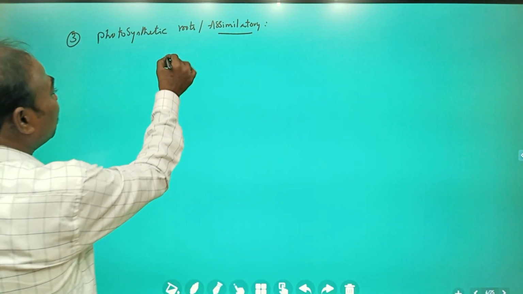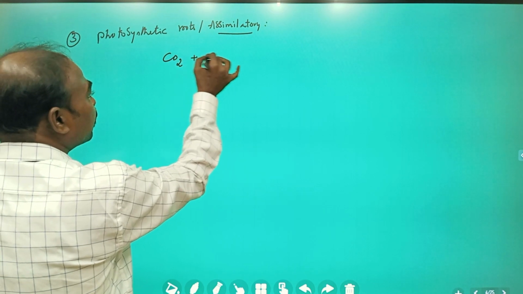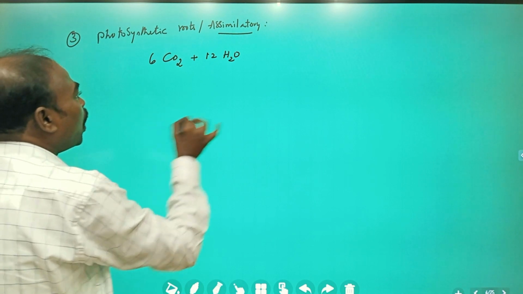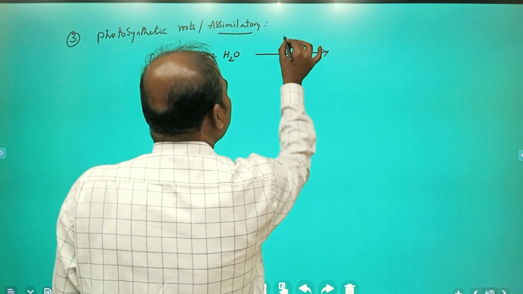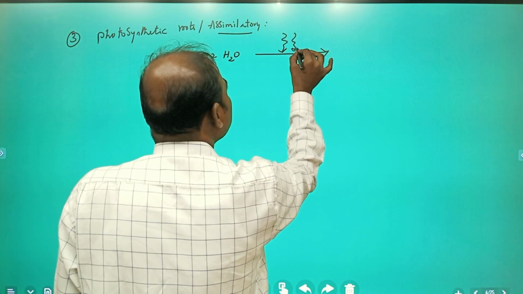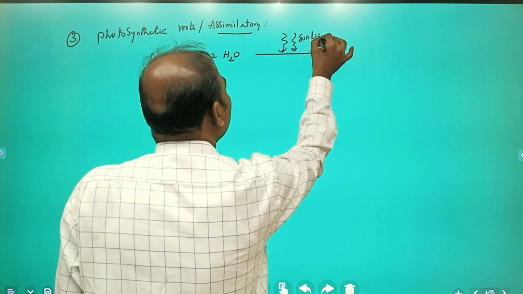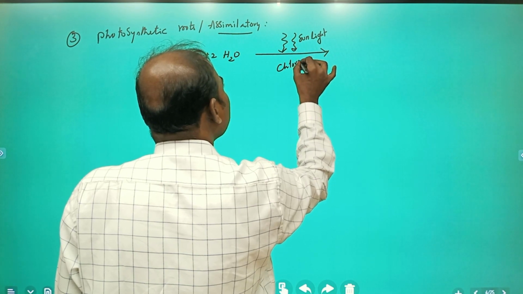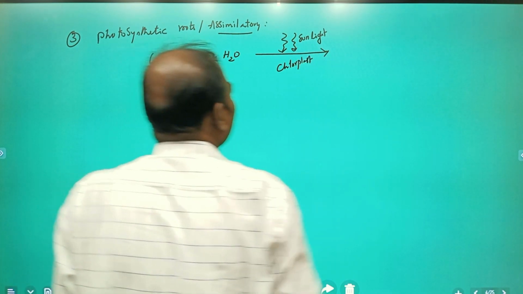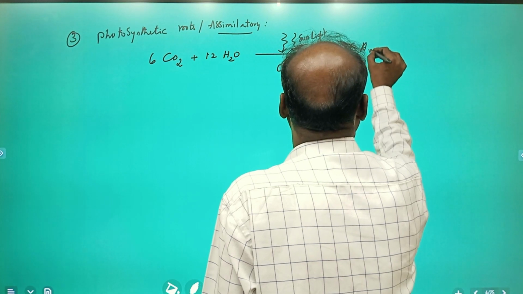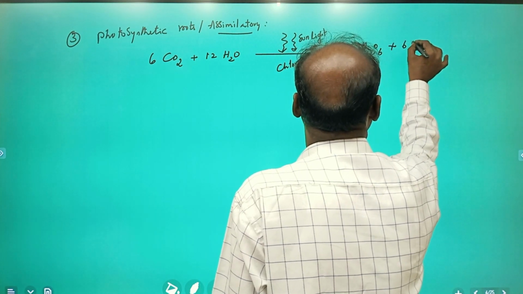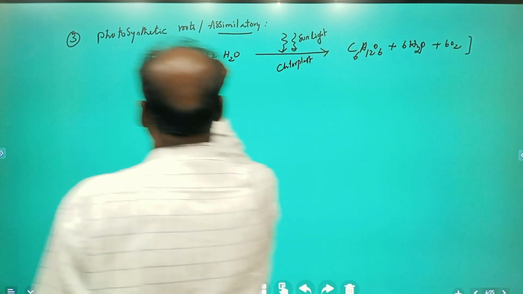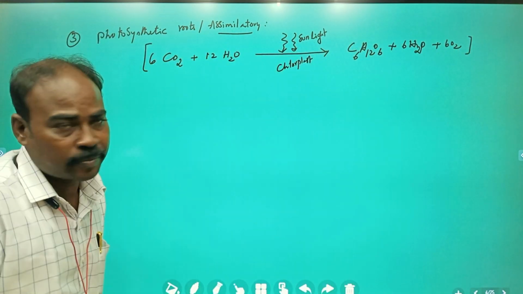The carbon dioxide is reduced with water in the presence of light within the chloroplasts, that is, the chlorophyll pigments. The preparation of glucose, C6H12O6 plus 6H2O plus 6O2, is the photosynthesis process.